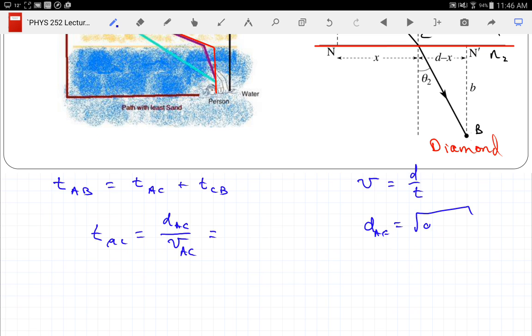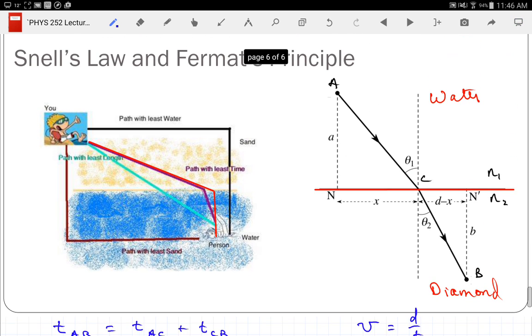To make sure everybody sees that, we have a right triangle with a on one side and x on the other. And so we have that equation for the hypotenuse. What about the speed?